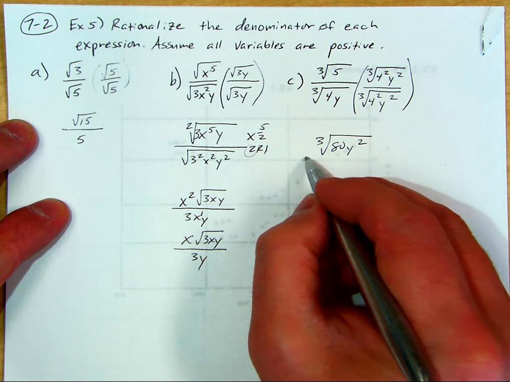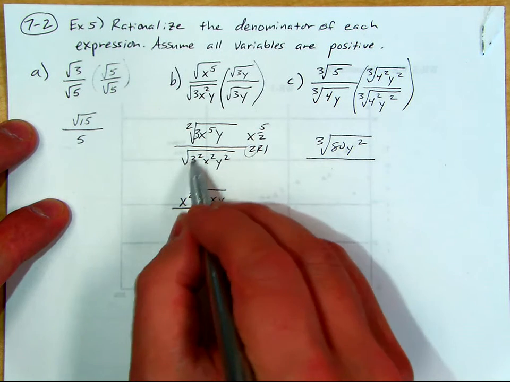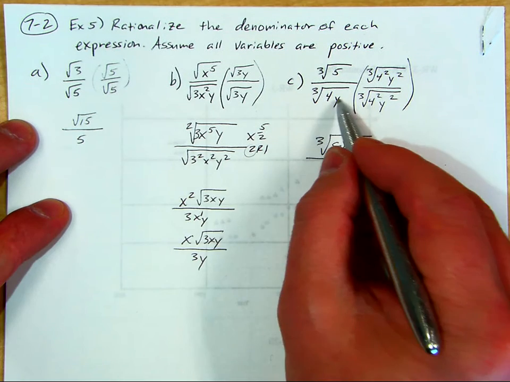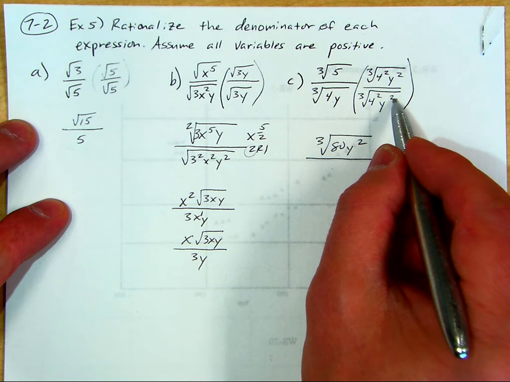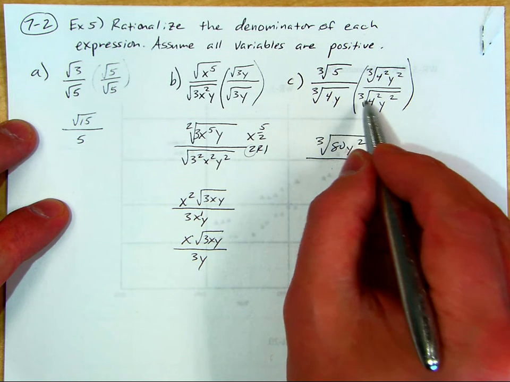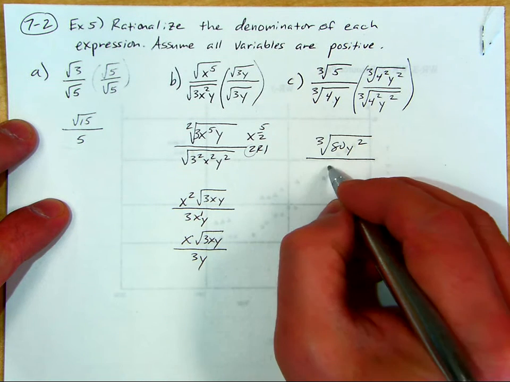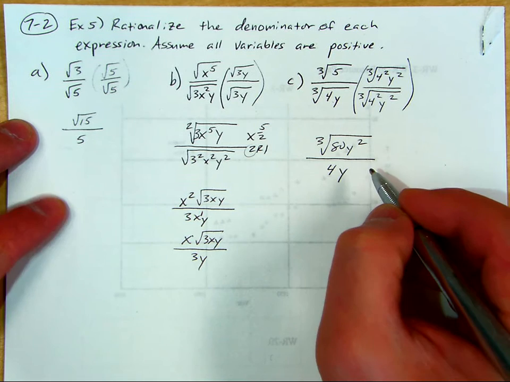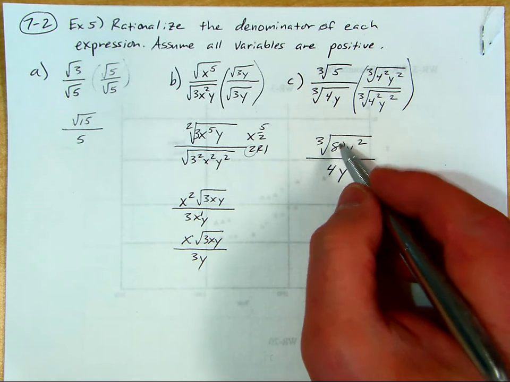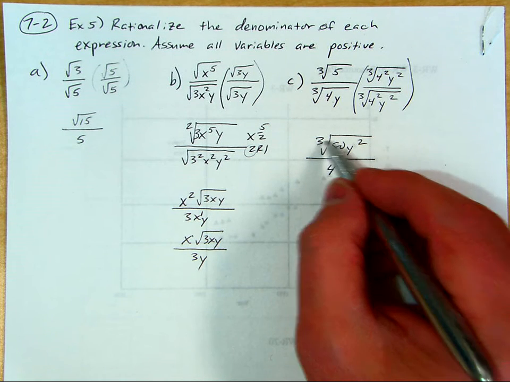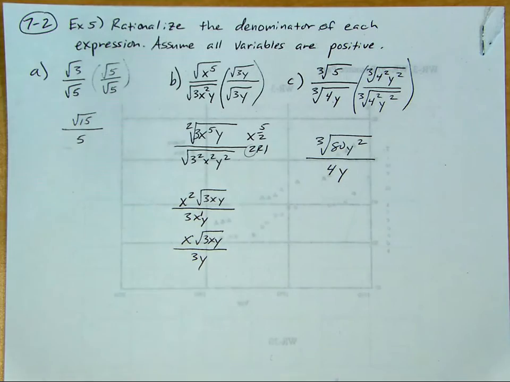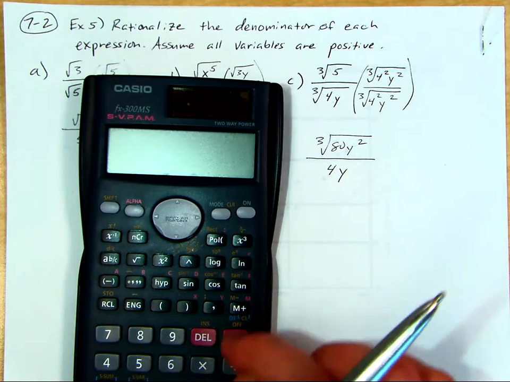Okay, and on the bottom, same concept as here, except instead of 2 of them this time, I know there's 3 of them. So I have 4y is going to jump out. Okay, but we're not done simplifying yet. There is a perfect cube that goes into 80. Remember the thing to look for that on your calculator.